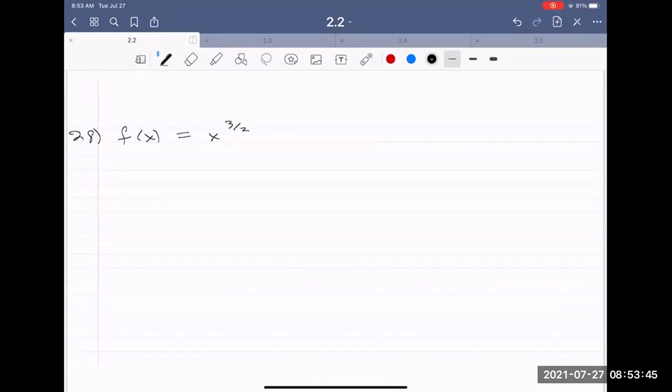So let's find the derivative of problem 28, x to the 3/2. Again, let's use the difference quotient definition.